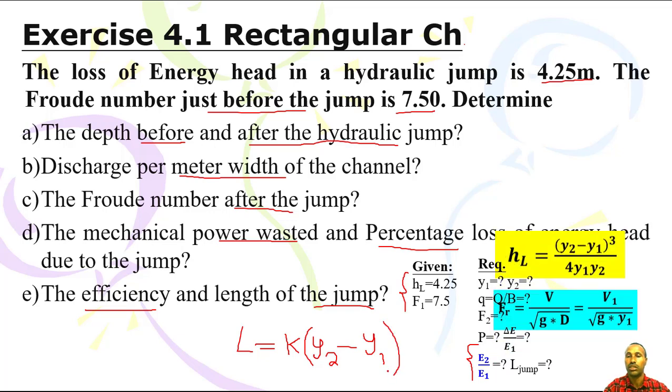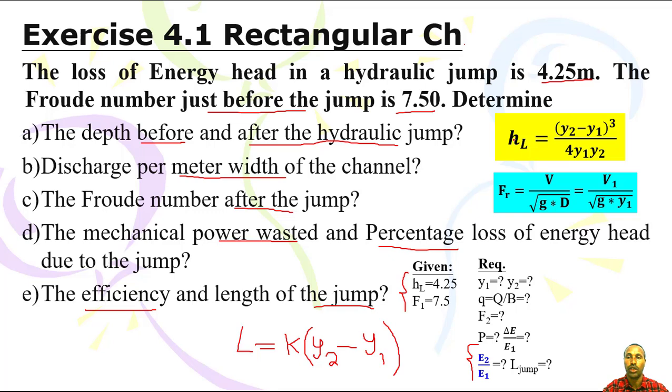As highlighted, just use this equation for head loss. But you are given the head loss already, so you substitute here. Then F1, you substitute here. By rearranging the equation and solving simultaneously, you can arrive at a solution. And also you have the hydraulic jump equation. Clear?